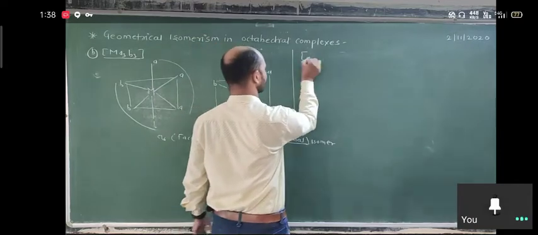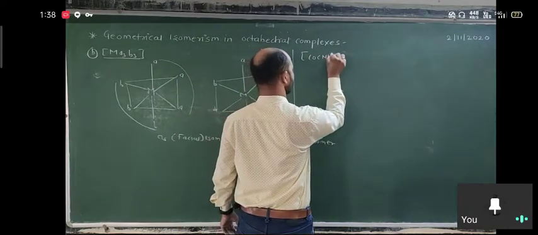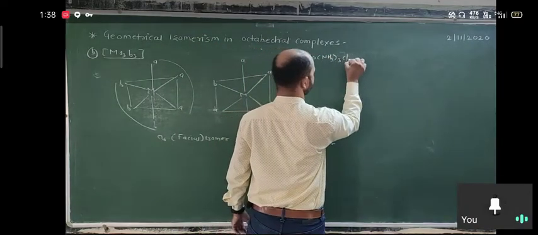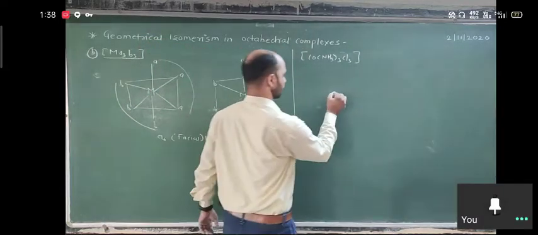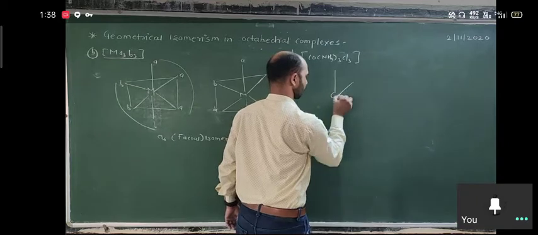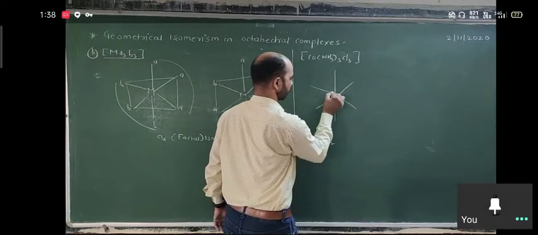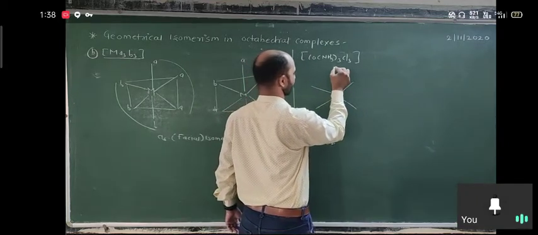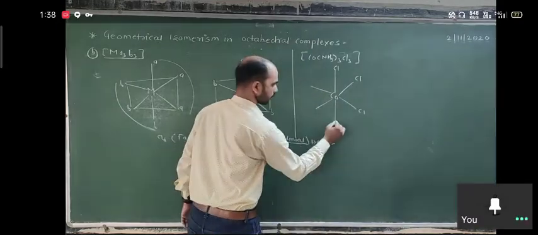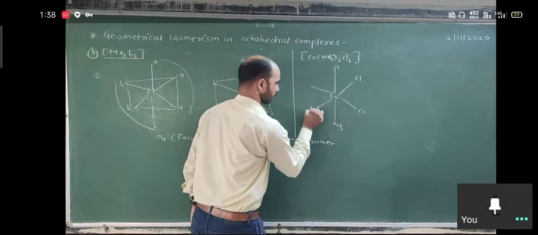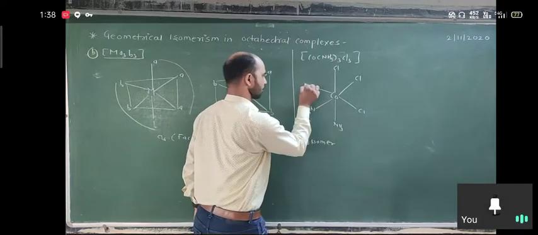Okay, for that we consider the example Co(NH3)3Cl3. Co is here. For the facial isomer, all Cl's are adjacent on the same face and the remaining NH3s are on the opposite face.